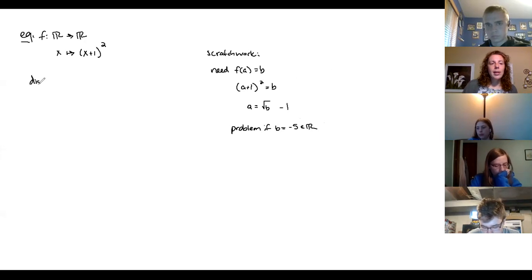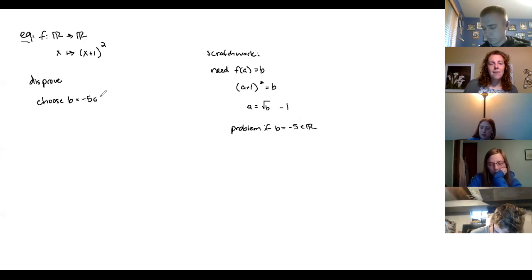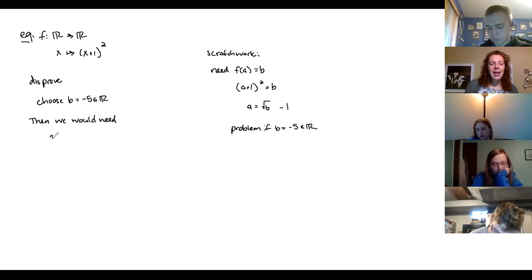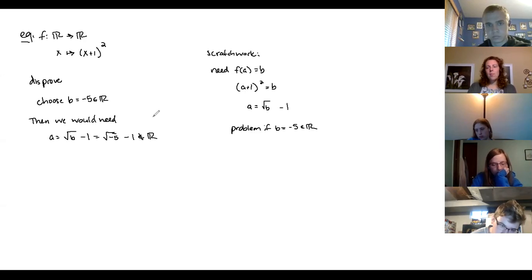So this is going to be a disprove. And then we are going to say, choose B equal to -5, which lives in the real numbers. Then we would need A to equal the square root of B minus 1, which is the square root of -5 minus 1, and that does not live in the real numbers.